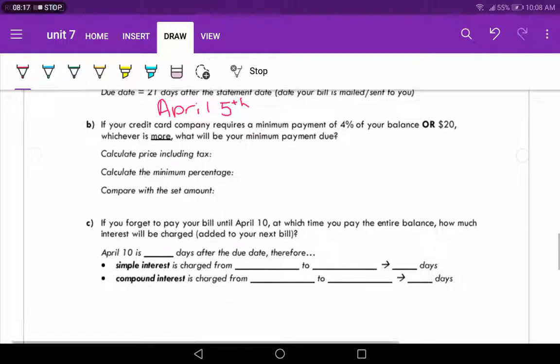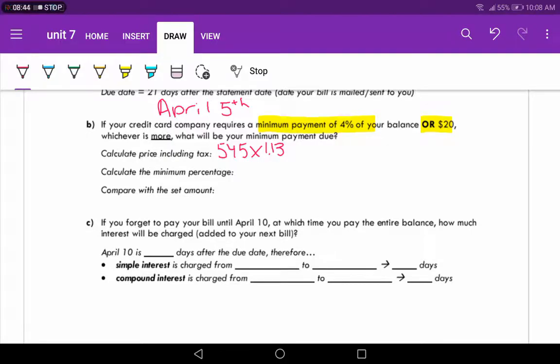If your credit card company requires a minimum payment of 4% or $20, whatever is more, what will your minimum payment be? So the first thing we need to do is calculate the price including tax. So in order to do this, very, very simple. You just take the cost of your bike, $545, and you're going to multiply it by 1.13.